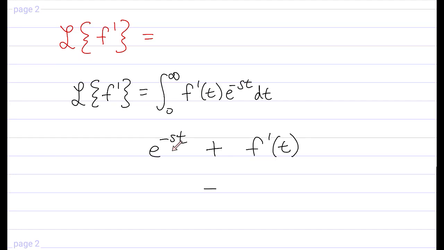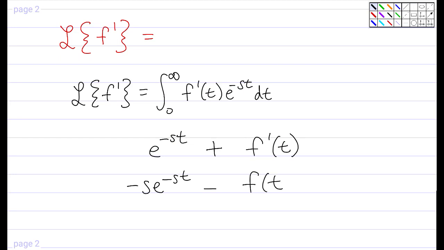I take the derivative of this column, which means I get minus s e to the minus st. I take the integral of this column, which just gives me f of t. And as usual, I draw a little diagonal line. My integral is, I'm going to multiply these functions across the diagonal line, and then I'm going to integrate the last row.